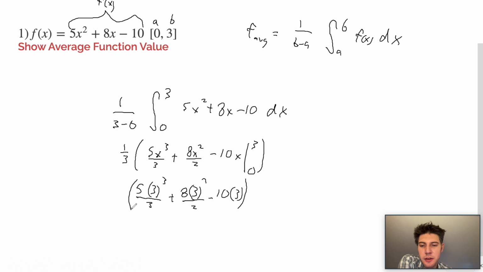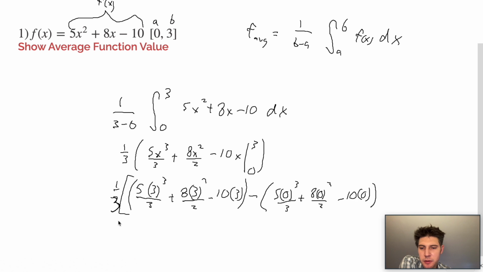All of this is times a third, and it's also going to be subtracted from when we plug in 0. So it's going to be 5 times 0 cubed over 3 plus 8 times 0 squared over 2 minus 10 times 0.